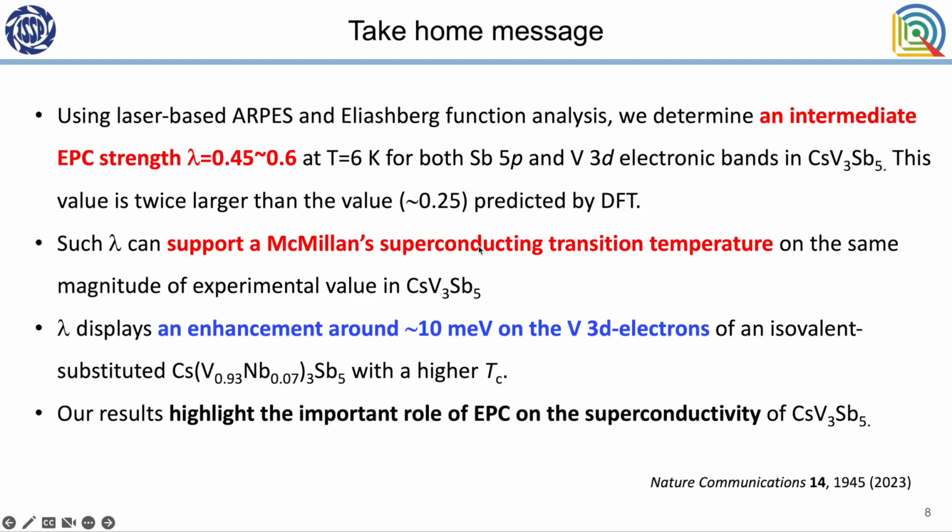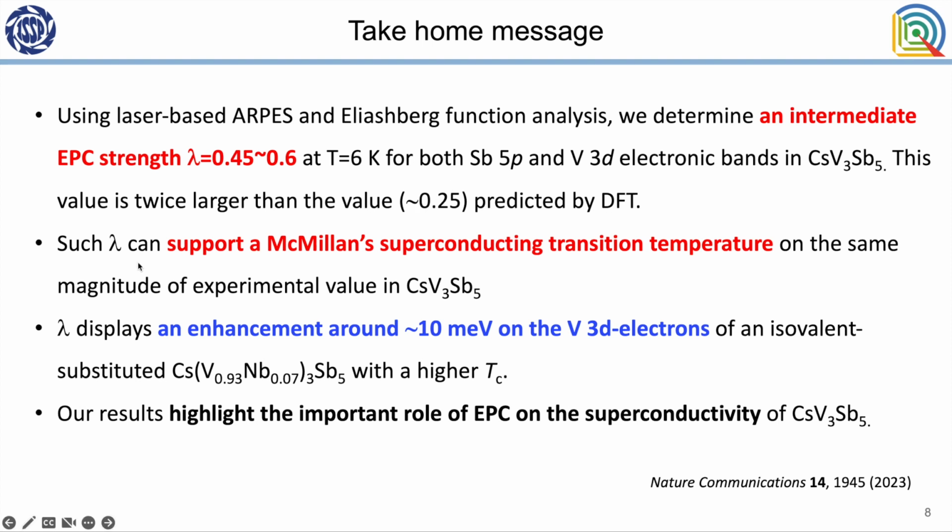So let's summarize this part. We used laser-based ARPES and the Eliashberg function analysis. We determined an intermediate electron-phonon coupling constant for this CVS superconductor. This value is twice as large as the value predicted by density functional theory.